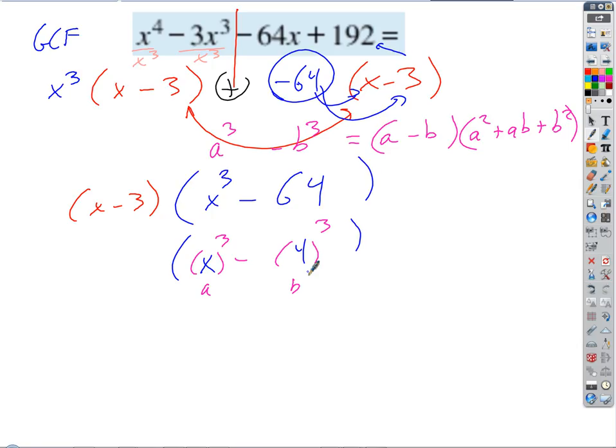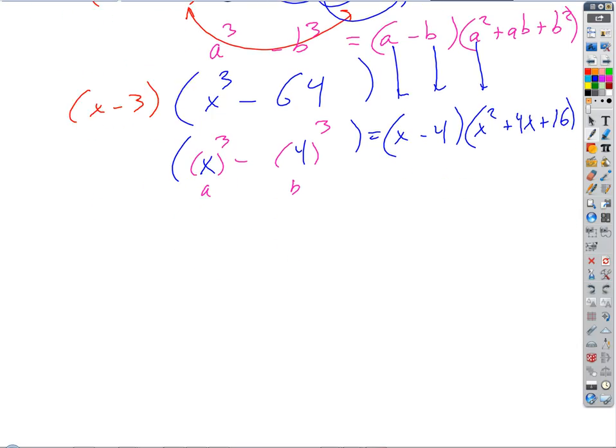So now we just follow our pattern. This factor here is gonna break up into a minus b times a squared plus ab plus b squared. So a is x, b is 4. X minus 4. What's a squared gonna be? X squared, plus a times b, 4x, plus b squared, which is 4 squared, so 16.